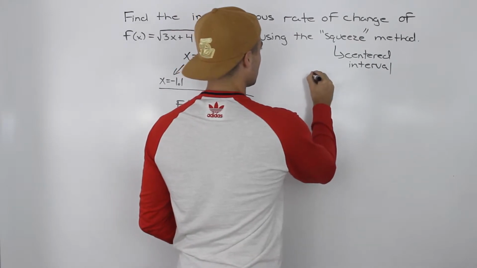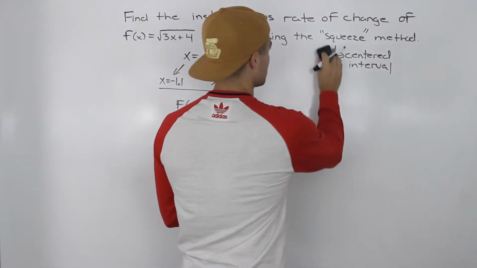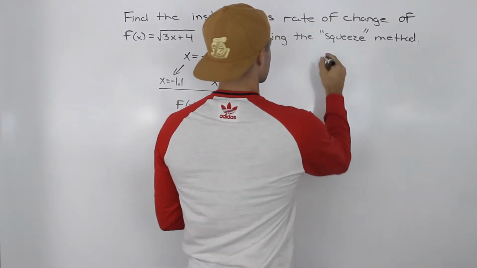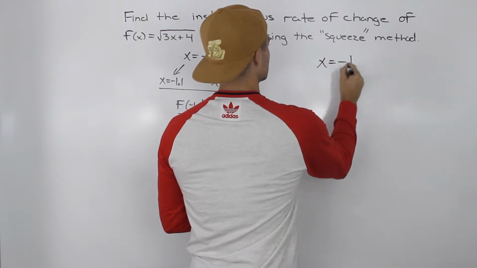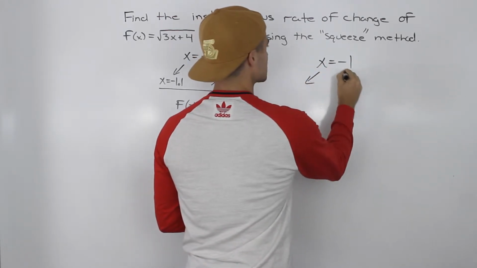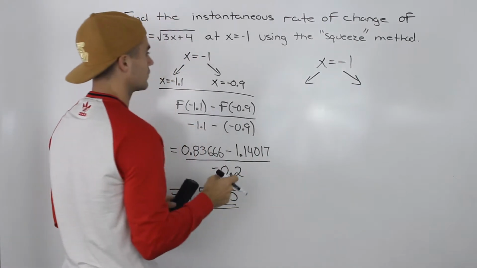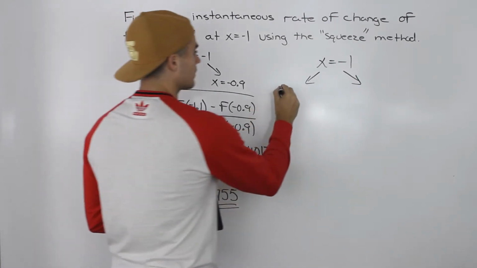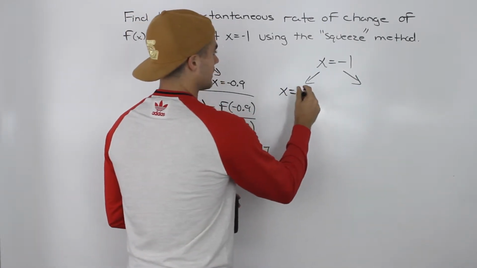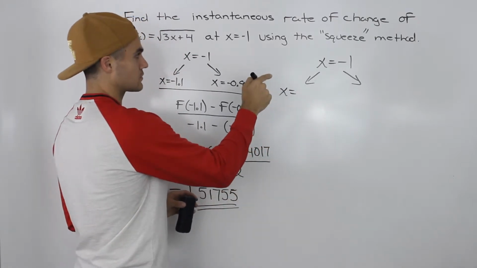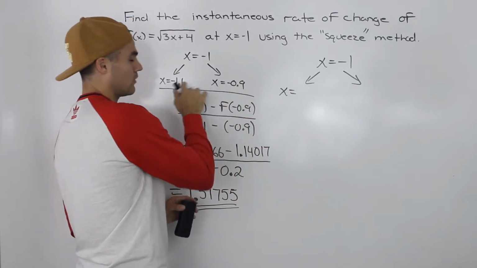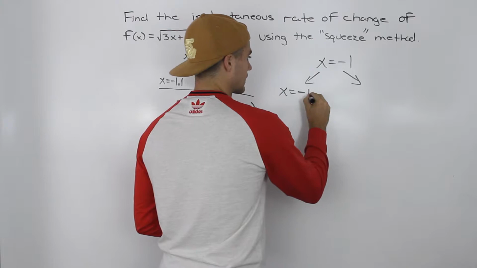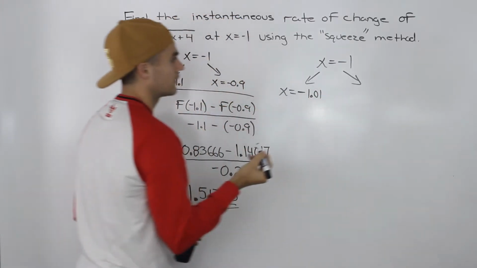So what I mean by that is, let me erase this here. Let's write negative 1 again, and now let's pick a tighter interval. Let's squeeze the interval a little bit more. So picking a number to the left that's very close to negative 1, that's closer than negative 1.1, would be something like negative 1.01.